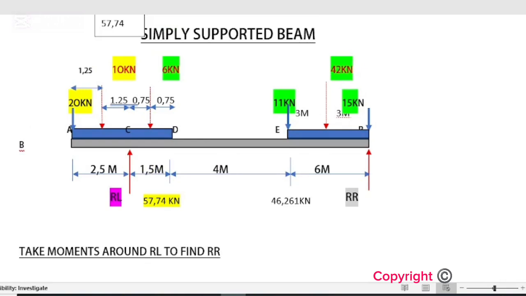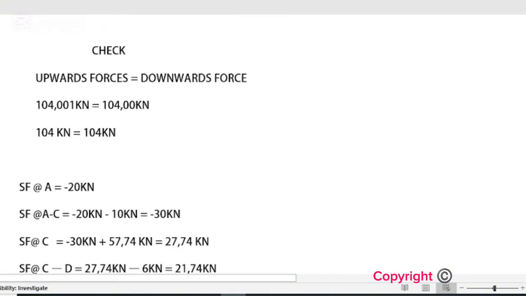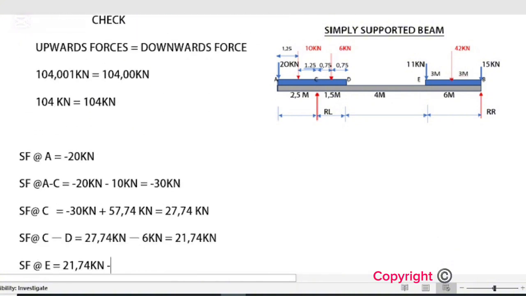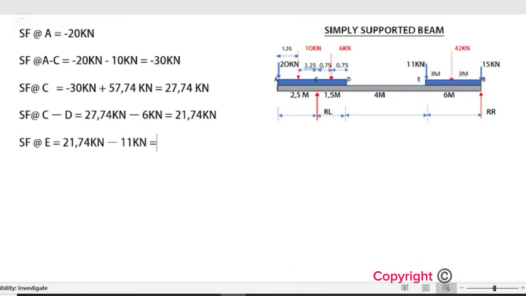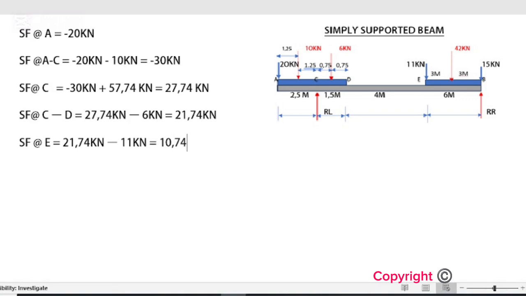Shear force at D, between C and D, we have shear force at E. Shear force at E equals to 21.74 kilonewton minus the force, which is 11 kilonewton. 21.74 minus 11 equals to 10.75 kilonewton.